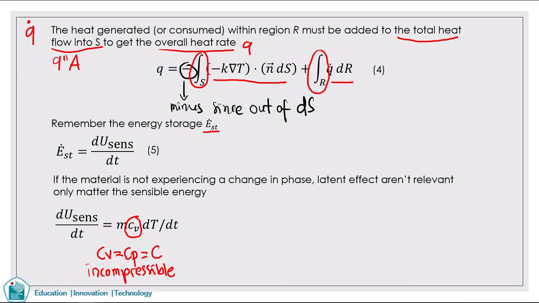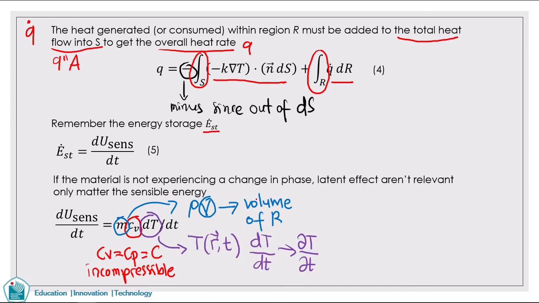The next part, please see the m. m is equal to the density of the object multiplied by the volume of the object, and the volume corresponds to the volume of the region R. And the next term is the change of the temperature distribution.